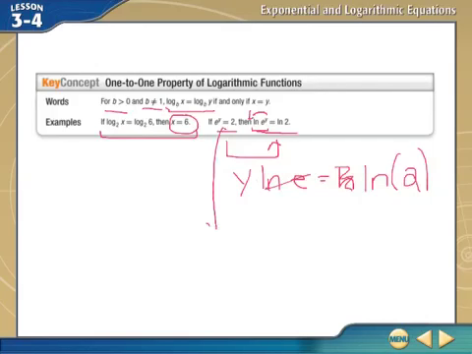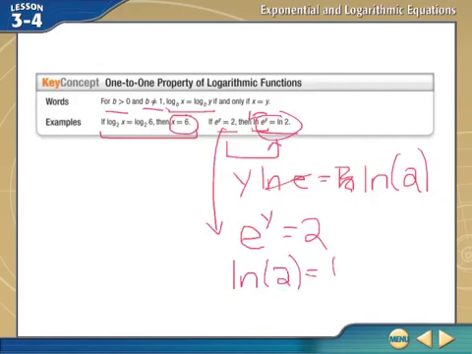Alternatively, if e to the y is equal to 2, you could also state that natural log of 2 is equal to natural log of 2, because what we're doing there is substituting in the second equation.